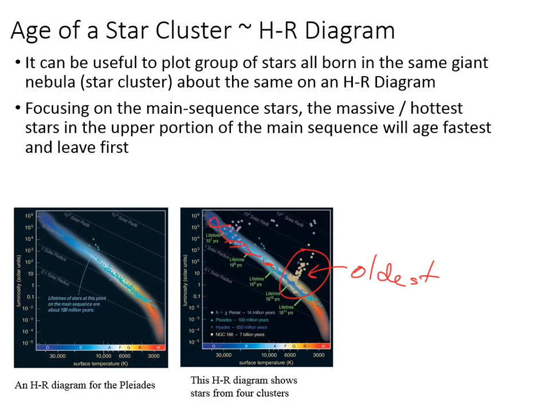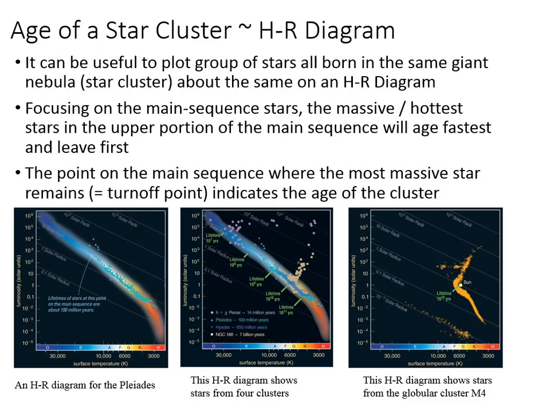What's the newest one? Well, I'm kind of liking this one up here. This one right here would be the newest cluster. Why? Because even the heavy ones are still kind of churning away on the main sequence. So what we're actually talking about is what's called a turn-off point.